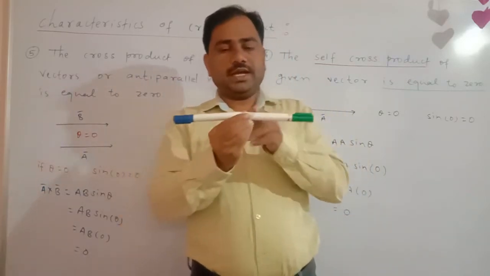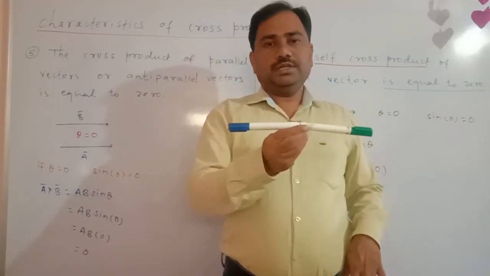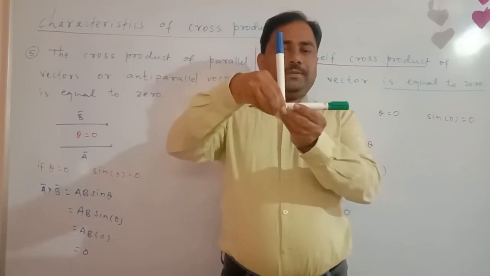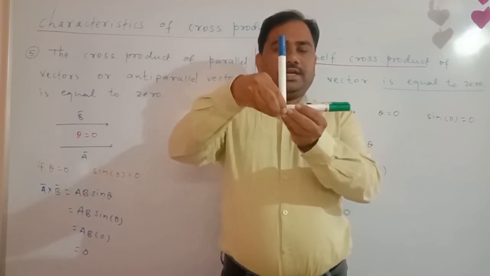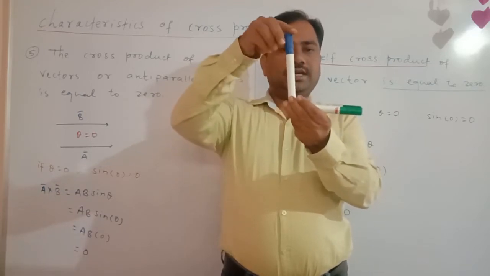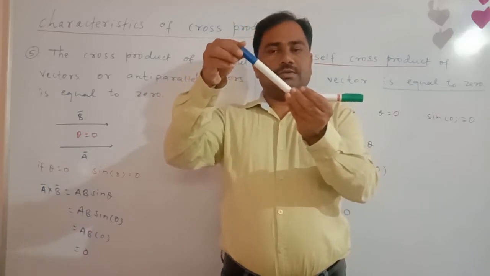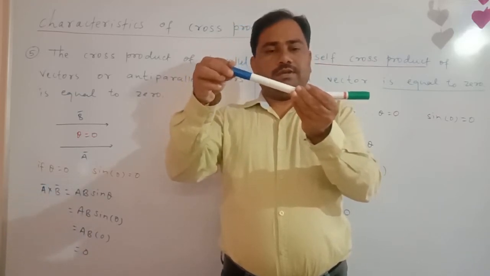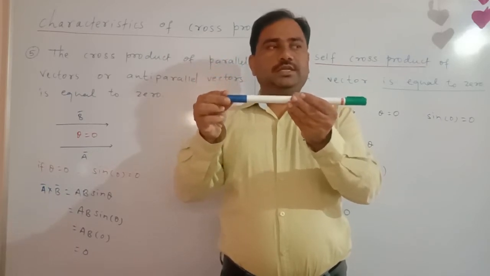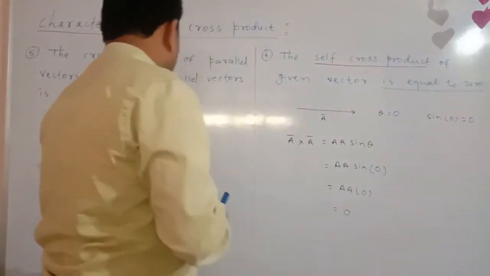Therefore what about the angle of inclination if two vectors are acting exactly opposite to each other? It is very simple. See here, this is perpendicular, that is 90 degrees. If we increase this vector beyond 90 degrees, the angle increases above 90 degrees, and if it becomes exactly opposite to the first vector, then it is equal to 180 degrees. So the angle here is equal to 180 degrees.